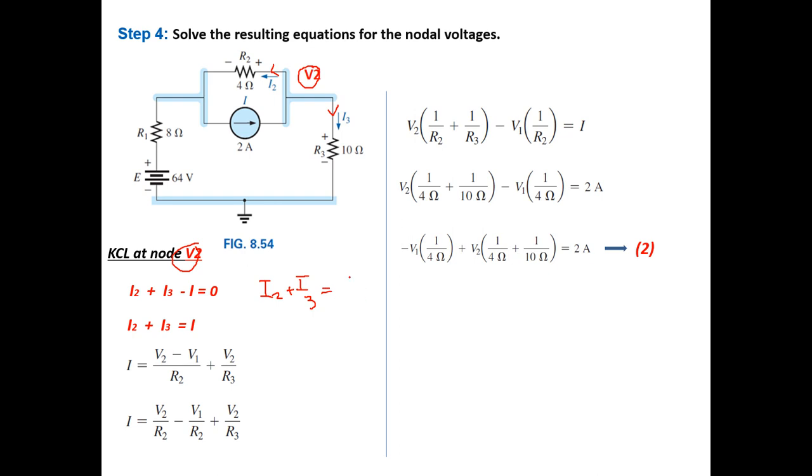The current entering the node. As you can notice, the source current here is entering the node. So I2 plus I3 equals the source current itself. Or you can take this one inside here and write it like this. Do whatever you want, because in the end, the summation of the currents entering and leaving should equal 0. So let's take it one by one now.